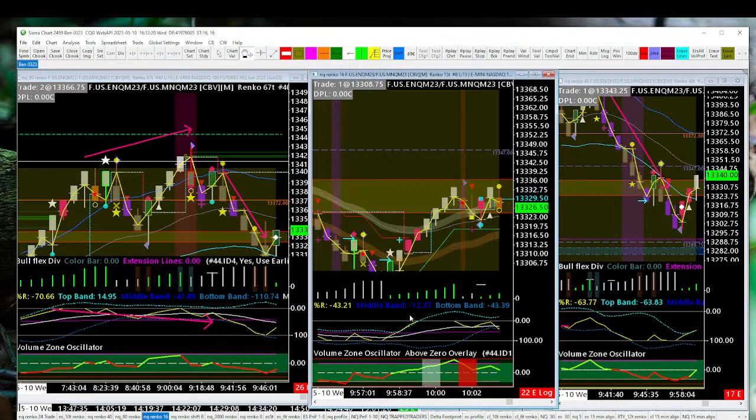Now, here's a cool thing to do with the Bollinger Bands. By adding the Bollinger Bands to the percent R, and it's actually the Bollinger Bands of the percent R, so it's the same math as Bollinger Bands, but applied to the percent R. And the way Bollinger Bands work is it's looking at standard deviation and saying, what's the likelihood that we would see this much of a move if this was neutral?